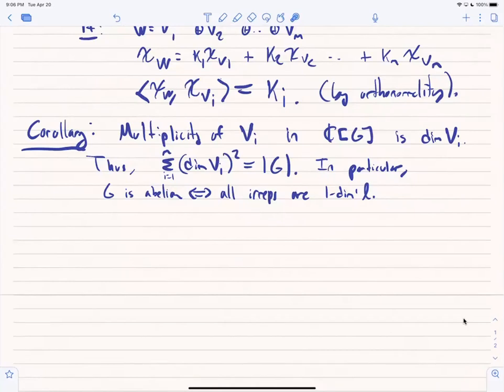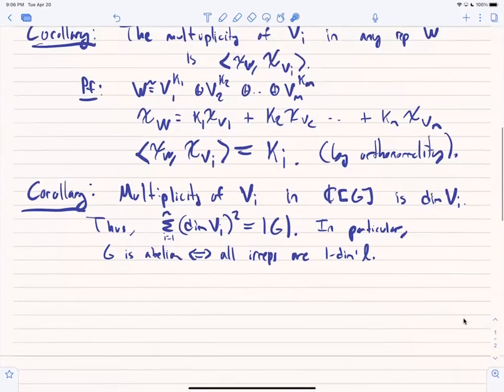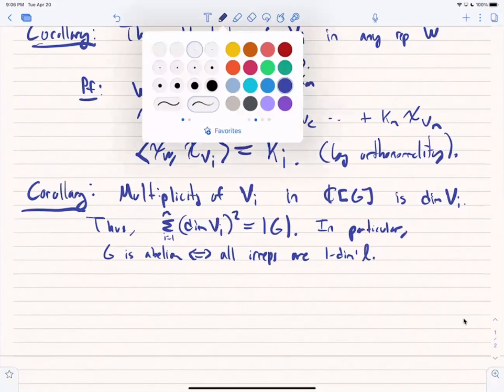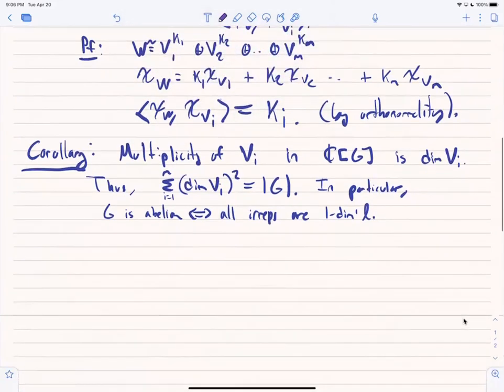On the other hand, if there's any conjugacy class that's not just a single element, so if you're not an abelian group, then there are fewer than G terms over here. So one of them is going to have to be larger than 1. So that's where this last statement comes from. And let me just do an example before we prove the corollary.